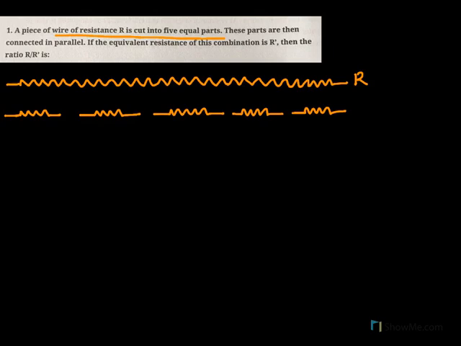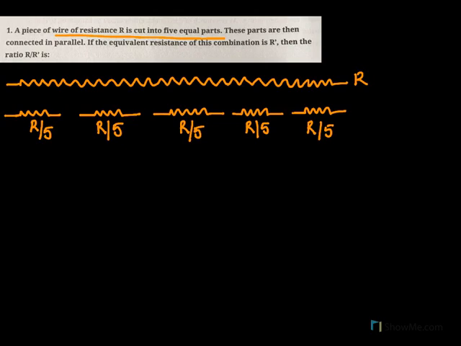Now if it is cut into 5 parts, each part will have resistance R by 5, because the resistance is cut into 5 equal parts. Now we have to find the ratio of the resistance connected in series and in parallel.